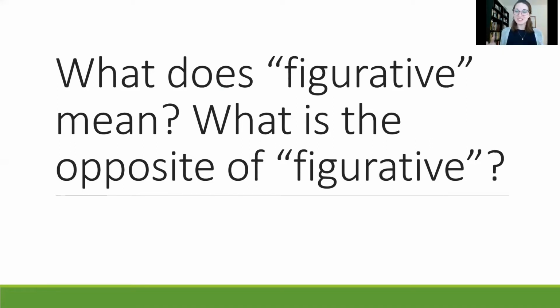The easiest way to get to know figurative language is to look at some examples of what it is in context. So today, we'll be going through a few different types of figurative language, and then we'll be looking at a poem at the end and trying to decode what the poet is trying to communicate with this particular piece.